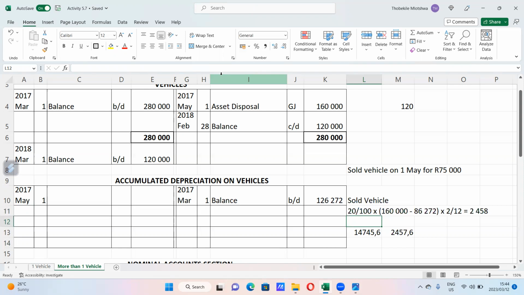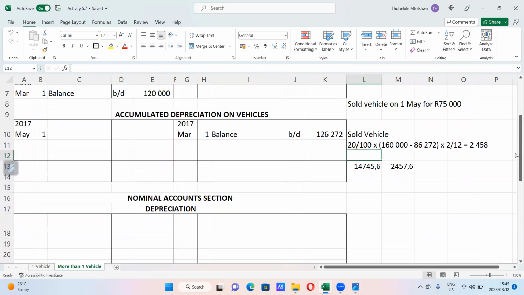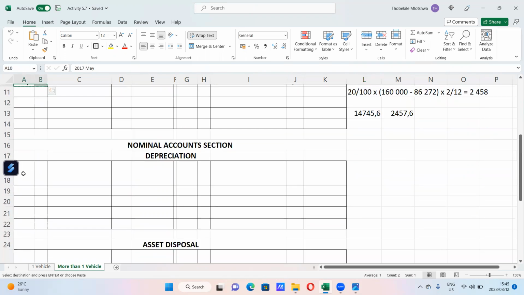How do you record that? You debit depreciation and credit accumulated depreciation. Let's do that. So we are going to come to depreciation here. On this date, we are going to say debit.